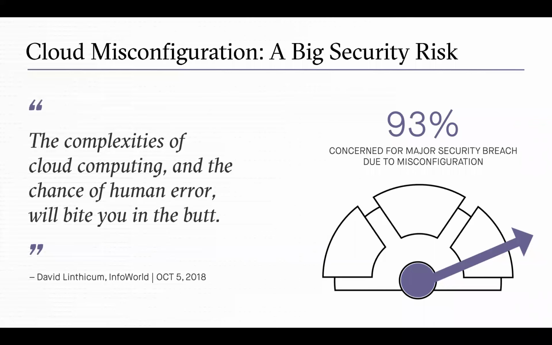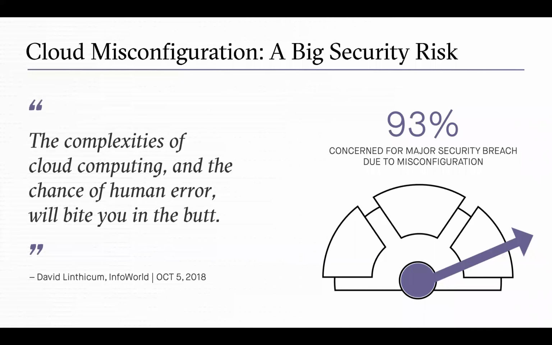But this one is about cloud misconfiguration and that it is a big security risk. 93% of our respondents are concerned that a major security breach will happen due to cloud misconfiguration. And Gartner has actually said that somewhere between 80 and 90% of all cloud security breaches will be due to misconfiguration of cloud resources in the next few years. So that 93% is right to be concerned with this.